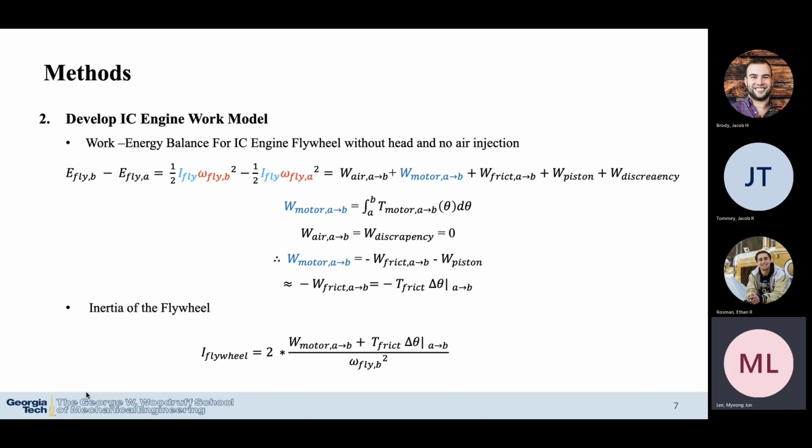The motor work can be calculated by taking the numerical integration of the torque over the angular displacement. The frictional torque was calculated by taking the average of the torque in the steady state region. The flywheel moment of inertia can be calculated by adding motor work to frictional torque multiplied by angular displacement, then times 2, and then dividing everything by the flywheel's angular velocity squared.